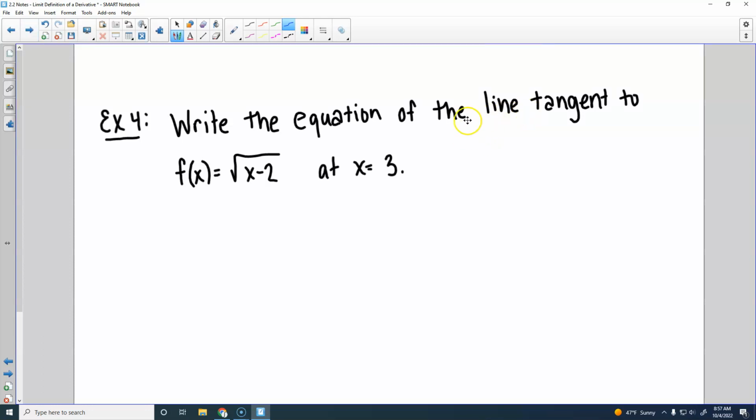So anytime you see equation of the tangent line, you need to be thinking of these two things that you need. First thing that you need, order doesn't matter here, but I'm going to number, is you need a slope. How do we find a slope of a tangent line? What can give us the slope of a tangent line?